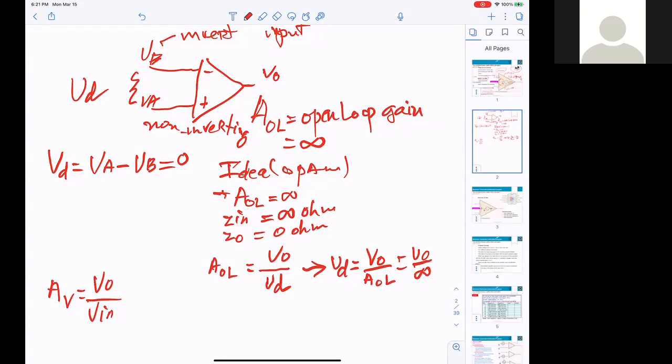You can't drive VB minus VA to 0 without feedback. Right now I'm trying to prove for you how VD equals VA minus VB will be equal to 0. That's what I'm trying to prove.